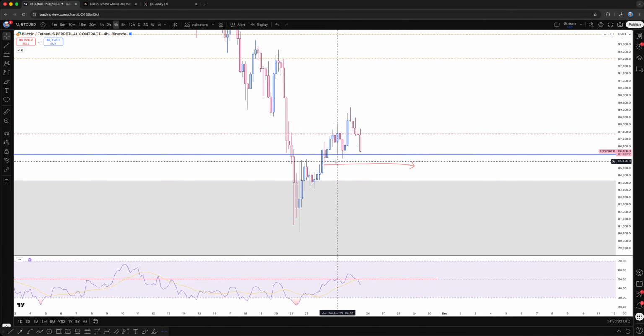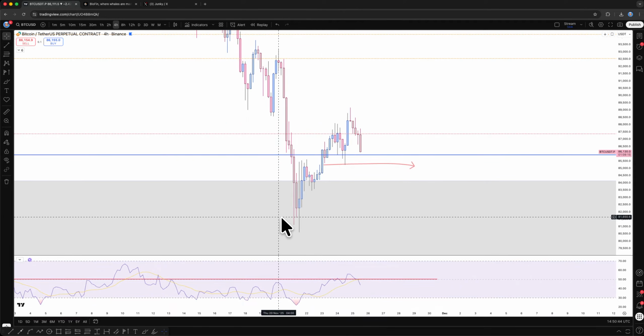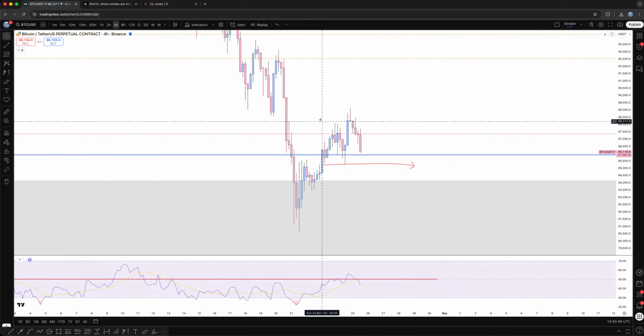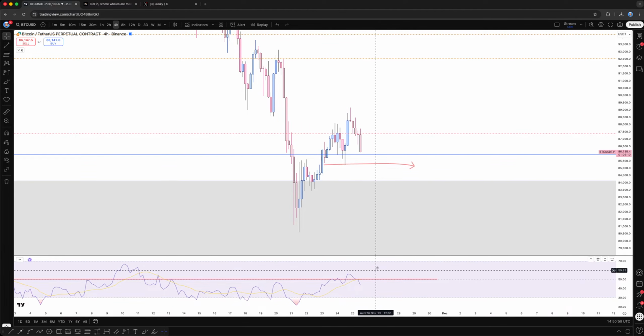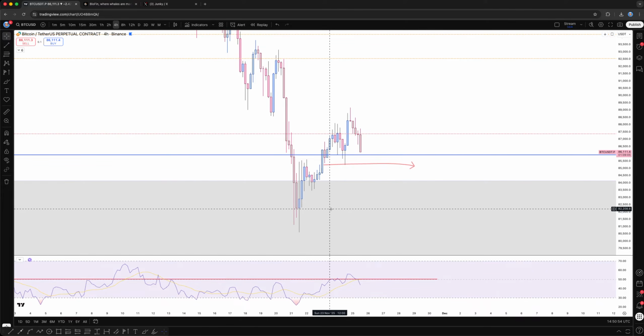Should we start to break below this low and go out from the potential daily V-shape recovery, I think we have to start to monitor something else and potentially consider the fact that we could keep downtrending and we could keep going down to take once again the low at 80k.